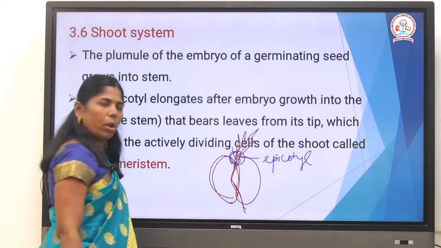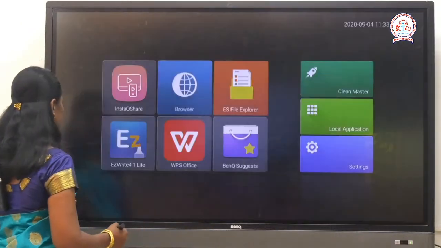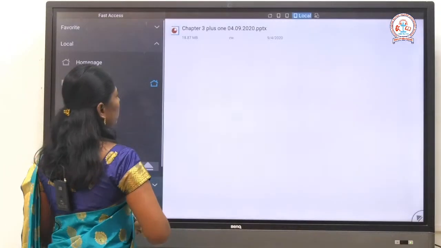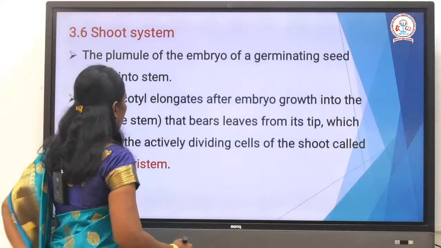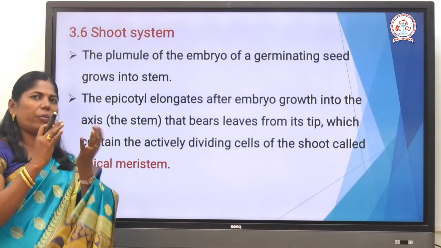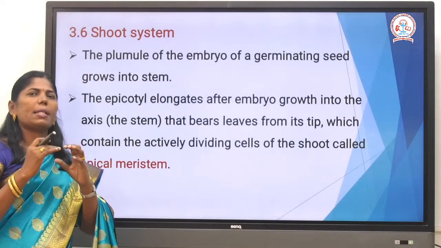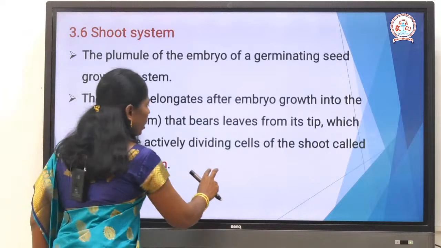So what about the hypocotyl? The hypocotyl is present below the cotyledons. You know the structure of cotyledons: above the cotyledons the epicotyl is there, below the cotyledons the hypocotyl is present.